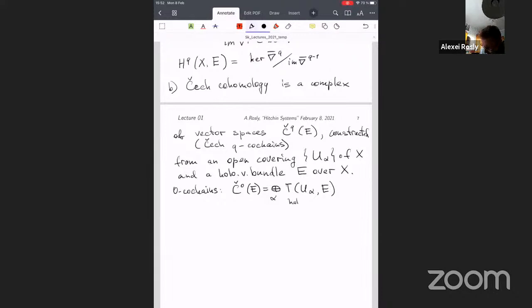Again, just reminding you, holomorphic sections over U_alpha, so local holomorphic sections.